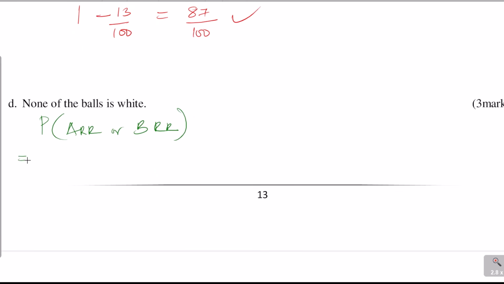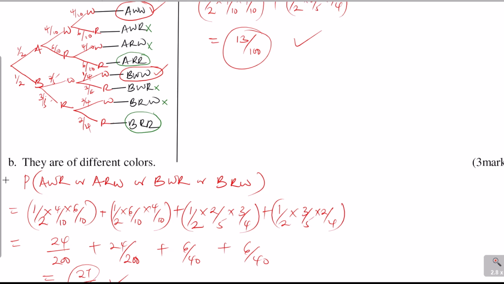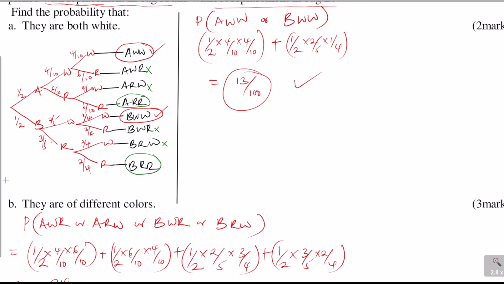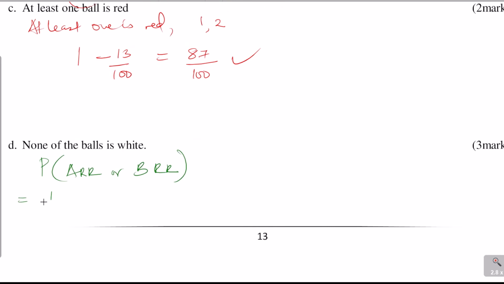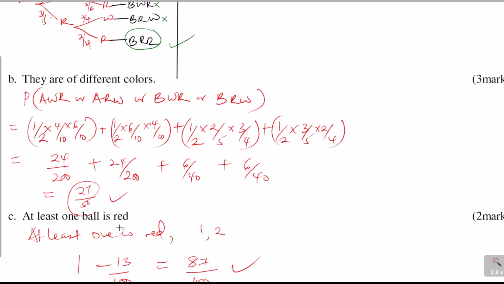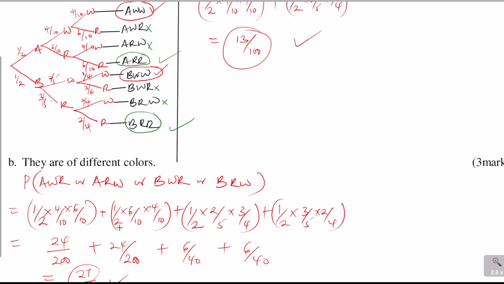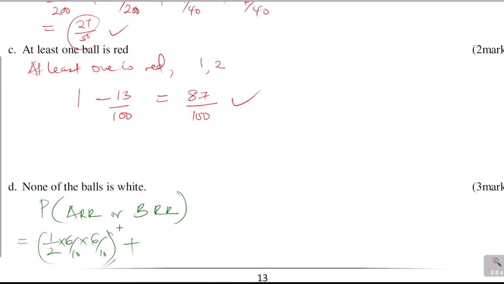So A, red, red: you can see it is here. A half times 6 over 10 times 6 over 10. That is the first one. Then plus B, red, red: a half times 3/5 times 2 over 4.